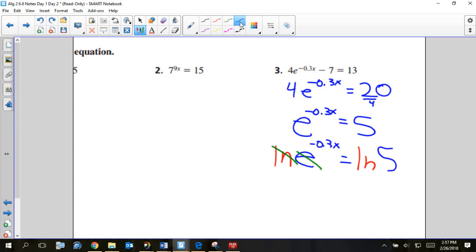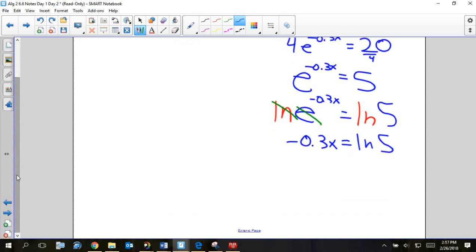They cancel out. We get negative 0.3x equals ln 5. Still peeling away the layers until we just have x. What can I get rid of next? Divide both sides by negative 0.3.